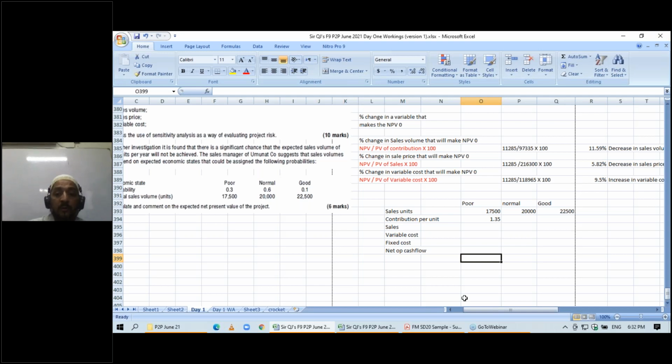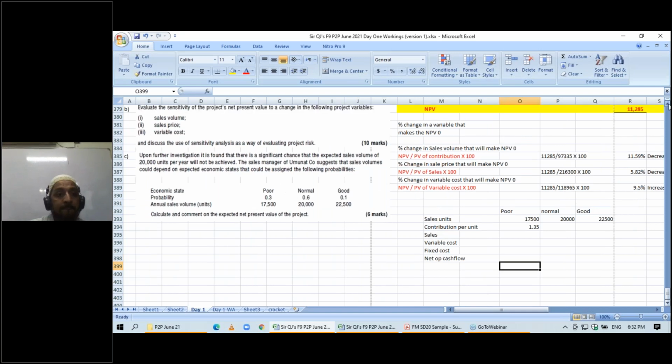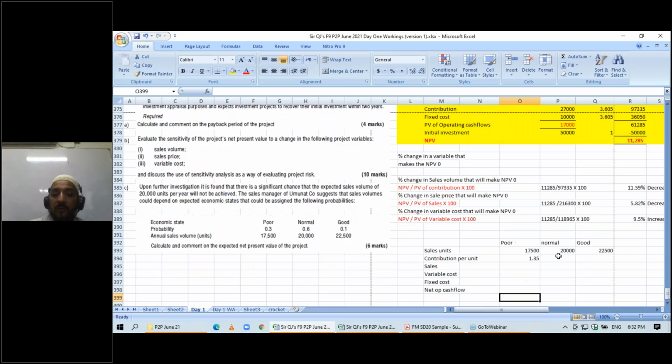The variable cost per unit was 1.65. So 3 minus 1.65 gives you a contribution of 1.35. And then if you multiply the sales unit with contribution per unit, you get the contribution.